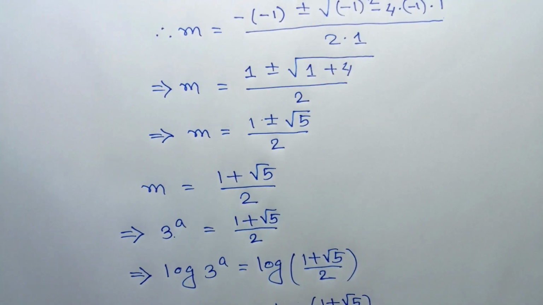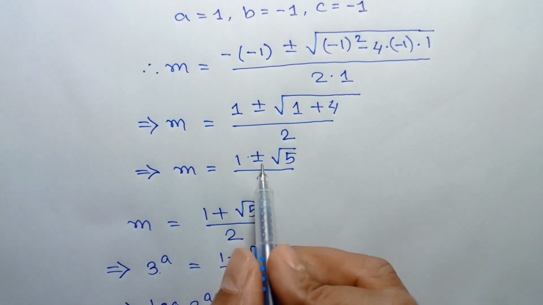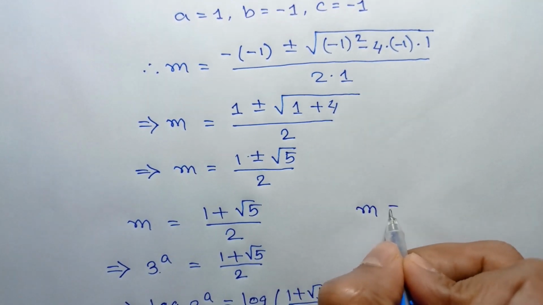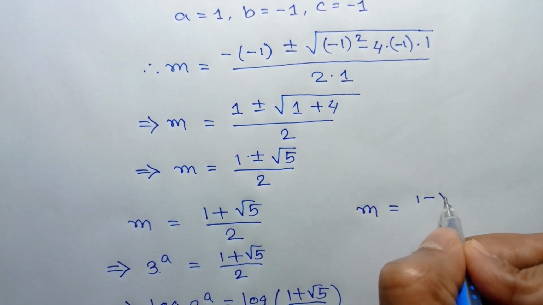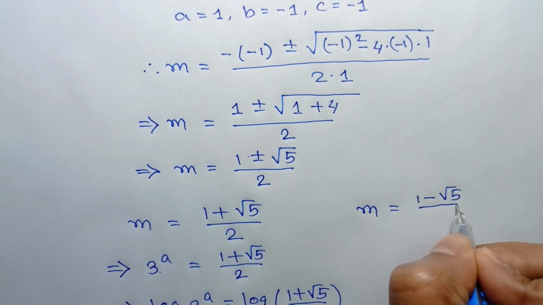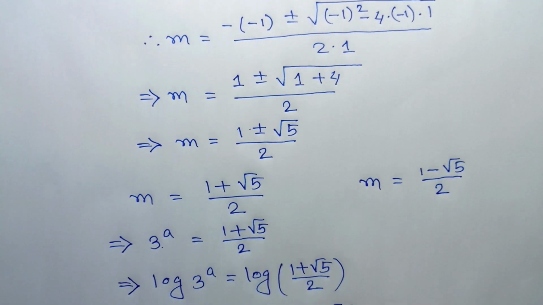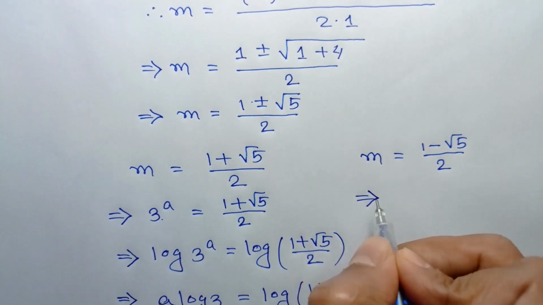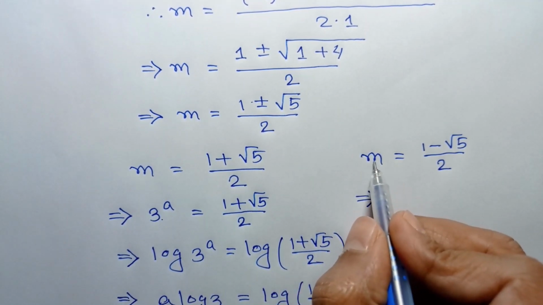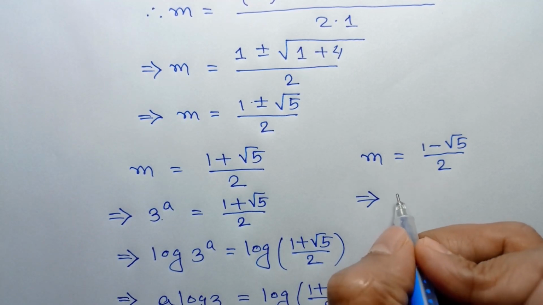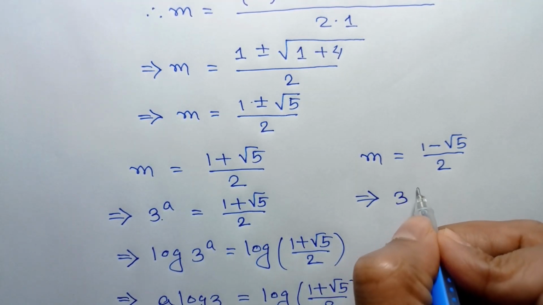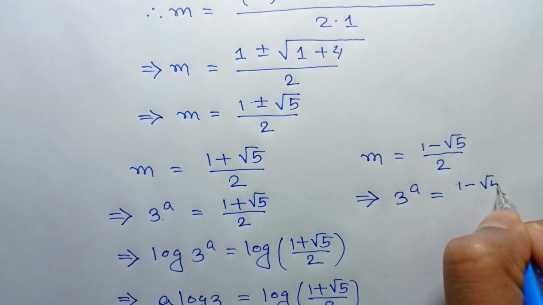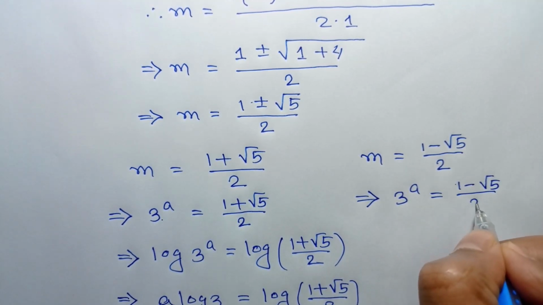Now for the negative, we can write m is equal to (1 minus square root of 5) over 2. Substituting m is equal to 3 to the power a, we can write 3 to the power a is equal to (1 minus square root of 5) over 2.